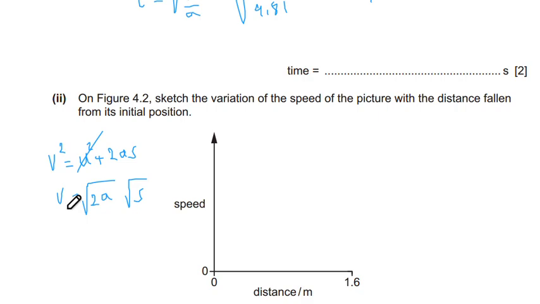So the relation between s and v is not linear. It is a root function, and a root function is drawn like this. We can also calculate the exact value of speed at 1.6 meter. If you plug this 1.6 into this equation, you can get the value of 5.6.